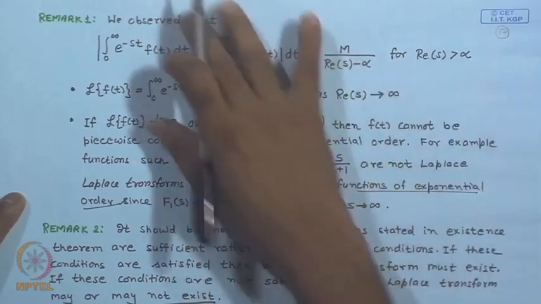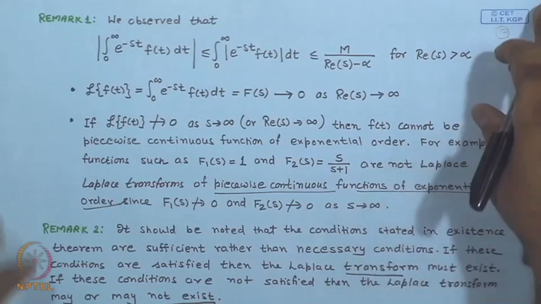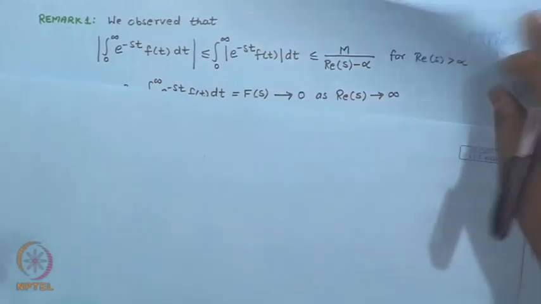What are the sufficient conditions? The function should be piecewise continuous and it should be of exponential order. In that case, we are sure that the Laplace transform will exist, but if these conditions are not satisfied, the Laplace transform may or may not exist. To support this remark, we have two examples.